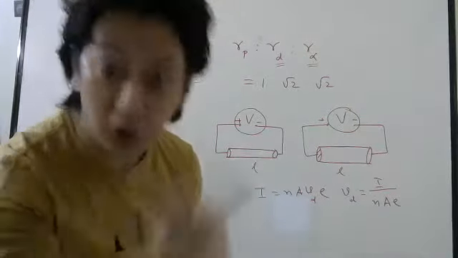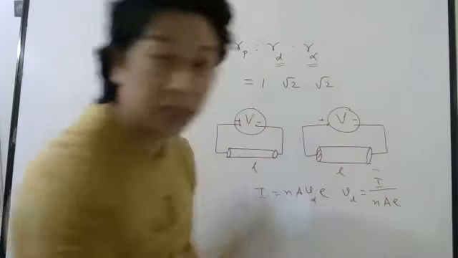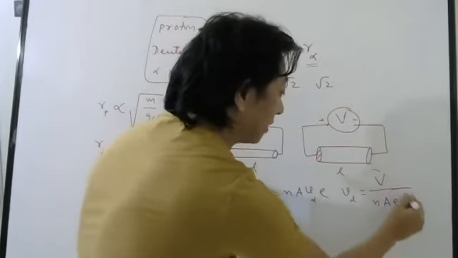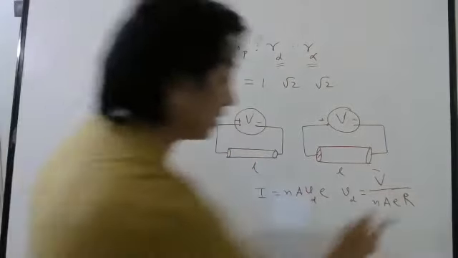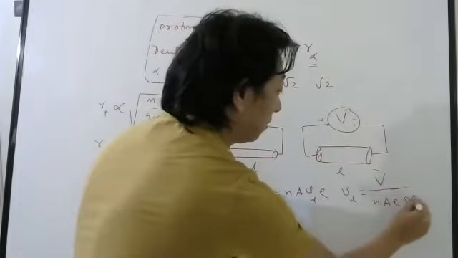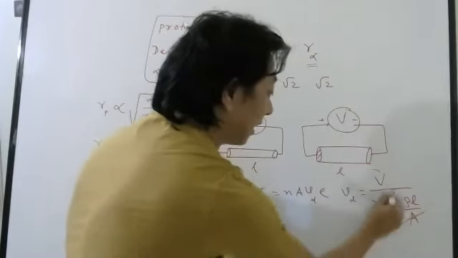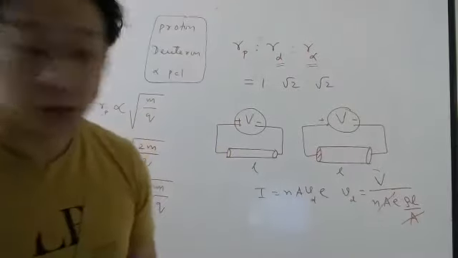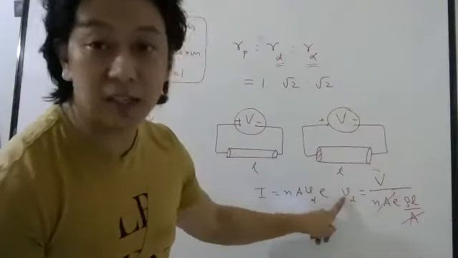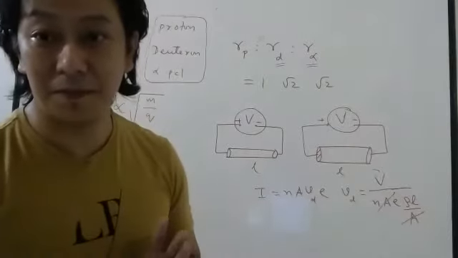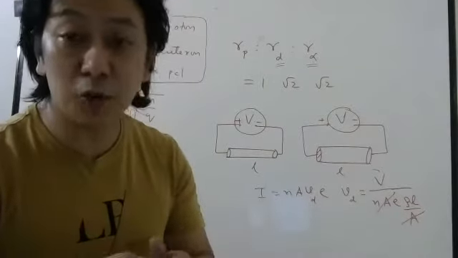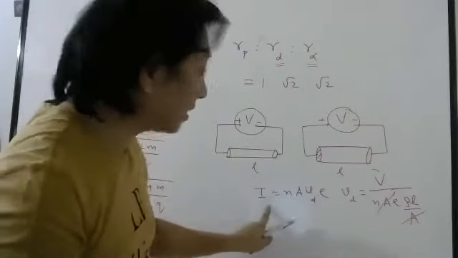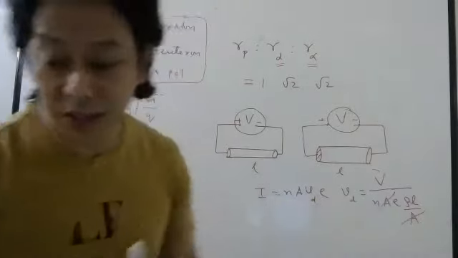What is constant? Voltage. So if you write current in terms of voltage, what will be current? Voltage divided by resistance. Now what is resistance? Rho L by A. Now you can see area cancels. So now you can see drift velocity does not depend on area. So you have to understand the question first. You have to read the question carefully and check whether current is kept constant or voltage is kept constant.